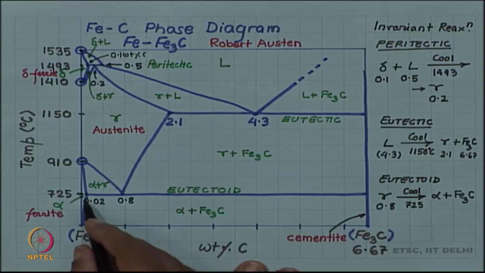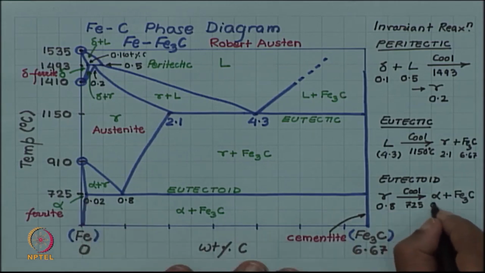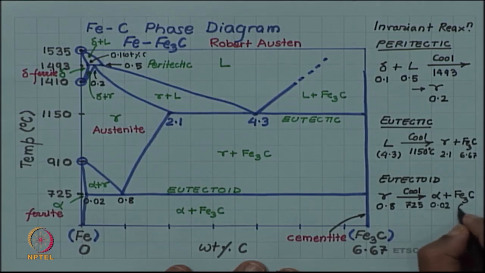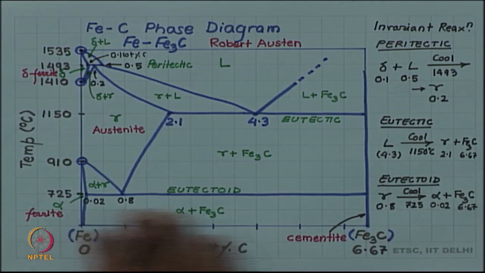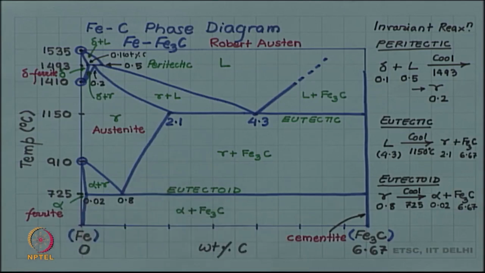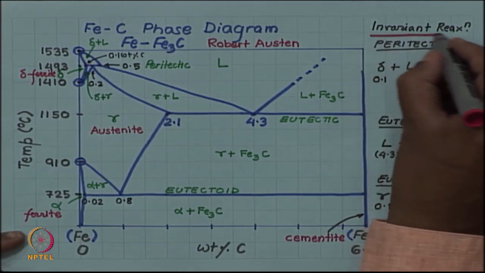The alpha composition is 0.02, so alpha is very pure iron, and Fe3C is again 6.67. So, now you know the details of all three invariant reactions which are happening in this phase diagram.